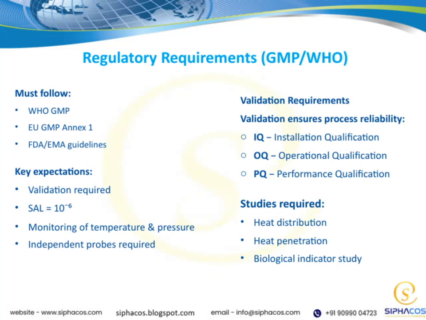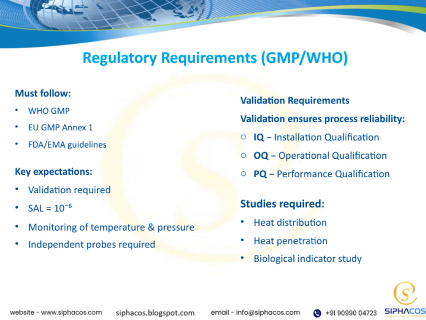Let's take a closer look at the validation requirements. Validation is all about ensuring process reliability, so we need to systematically confirm that our procedures consistently meet the desired standards. This involves several key steps, starting with IQ, which stands for Installation Qualification. This verifies that all equipment and systems are installed correctly and according to specifications.